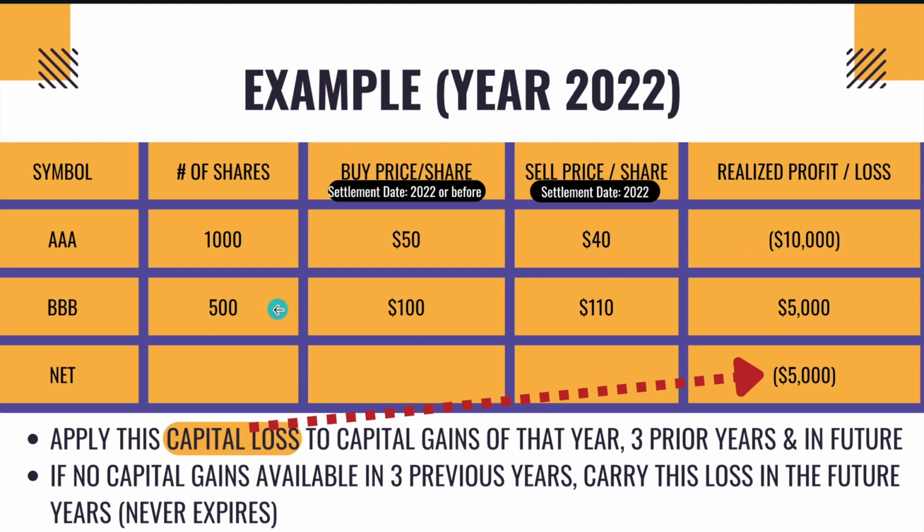I also bought 500 shares of BBB at $100 per share, which I later sold for $110 per share. So I had a gain of $10 per share times 500 shares, so there was a net profit of $5,000. So in this example, the net loss is $5,000.